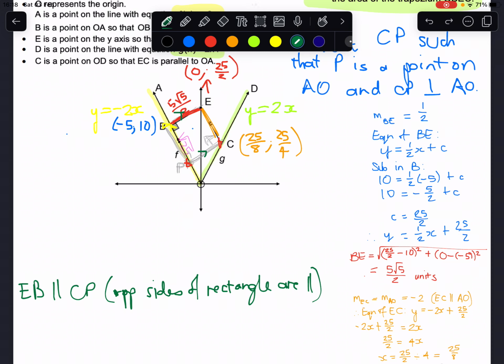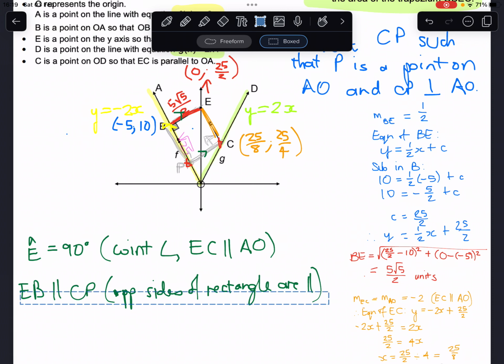What we do need to show is that this is a 90 as well, and that is a 90. Angle E is equal to 90 degrees because of co-interior angles on the parallel lines EC and AO, which we were given.